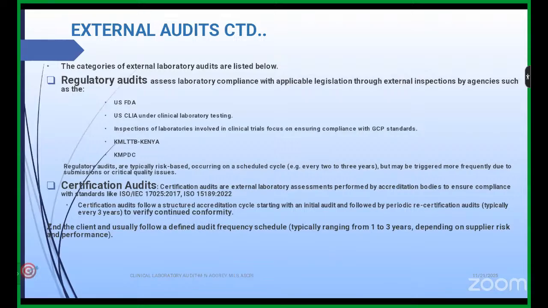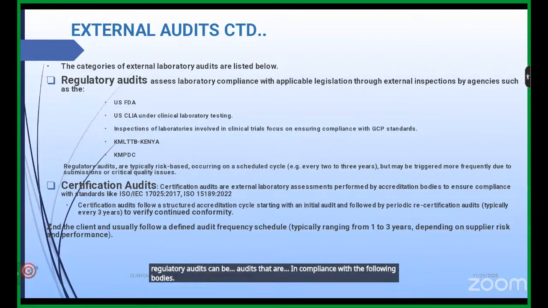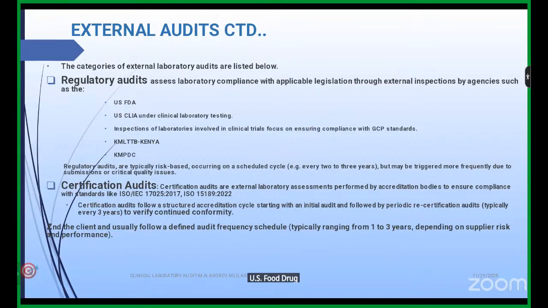Regulatory audits can be audits that are in compliance with the following bodies: US Food and Drug Administration, US CLIA, Clinical Laboratory Improvement Amendment Acts, or Clinical Laboratory Improvement Authority, under clinical laboratory settings.